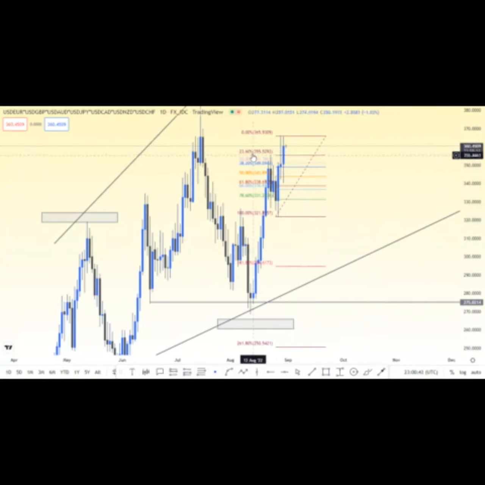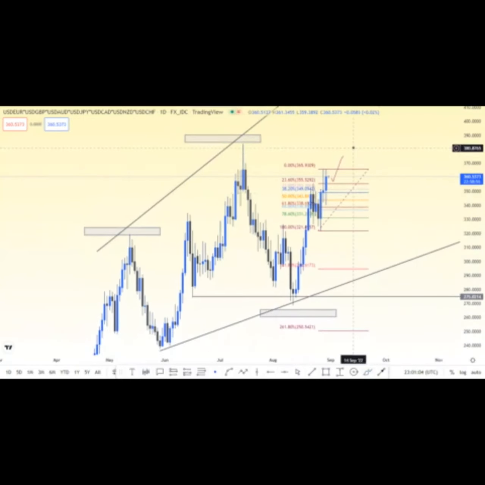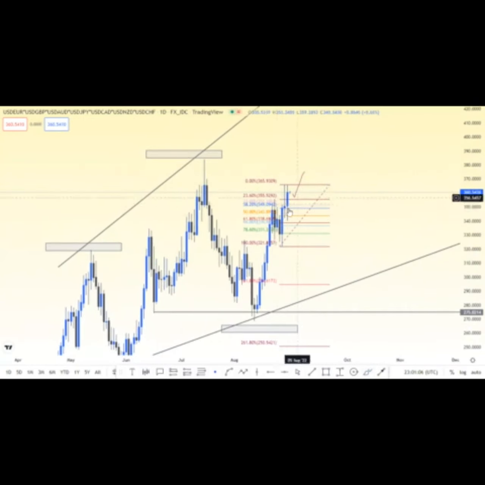So we might get a pull back to the 33% or the 38.8 before maybe moving up, or we might even get a pull back to the 23 right before it literally goes bullish. So we'll see how it turns out here.